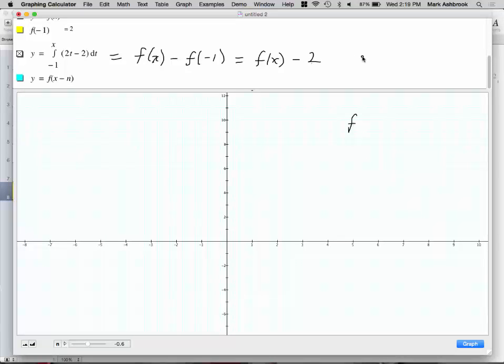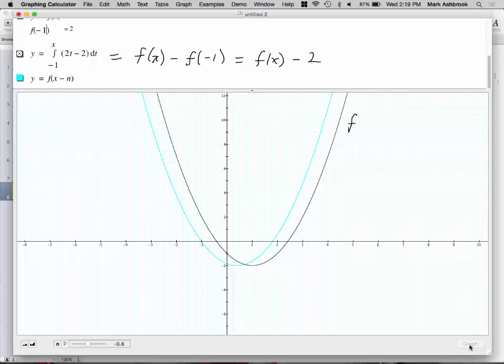So how is this accumulation function, which has the same rate as f, different from f? Shifted to the left 2? Down 2, right?